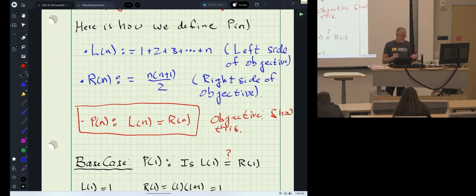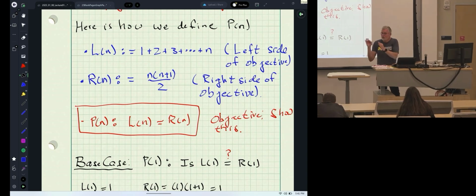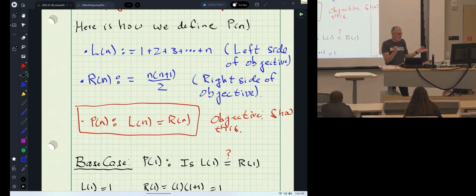What is R of 2? It is 2 times 2 plus 1 over 2, which is 2 plus 1, which is 3. So P of 2 also holds. So if you're nervous about P of 1, just go ahead and check the next one. And if you really want to be more comfortable, check another one. But you don't have to.